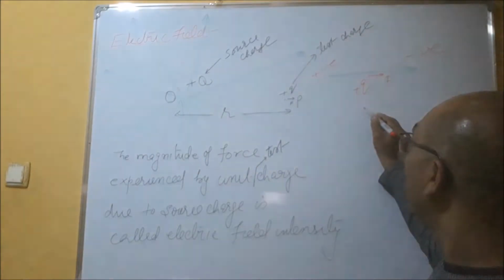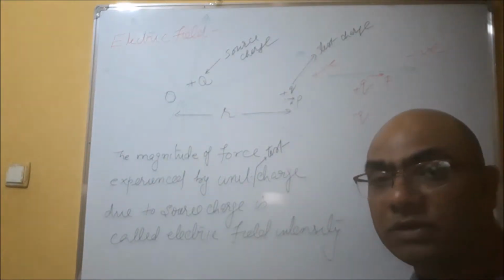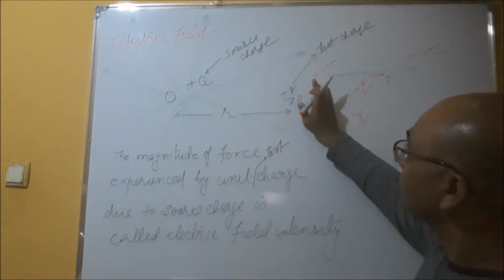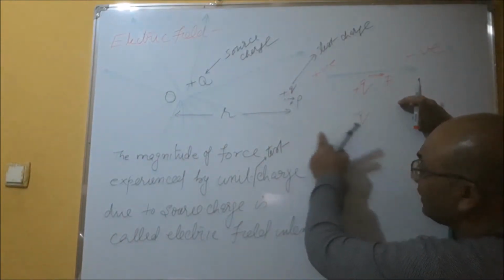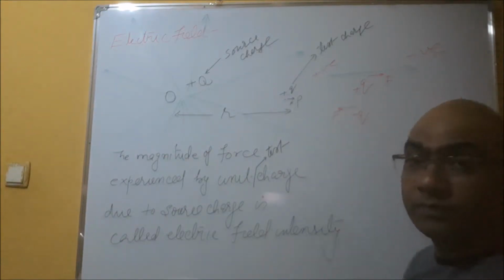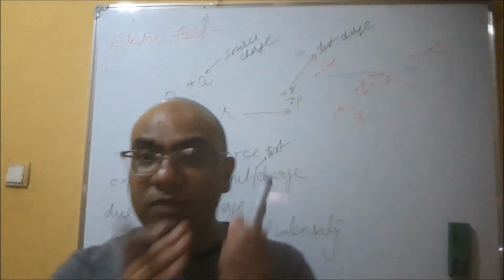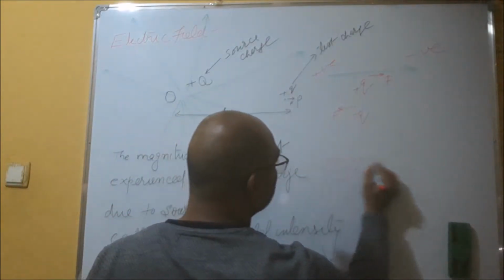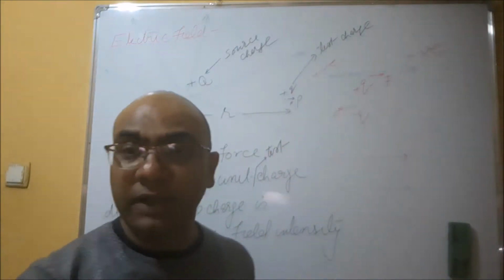right? While if we have a minus q charge particle, then what will happen? For this minus q charge particle, if we have this source charge over here, this source charge will attract, so it will experience a force in this direction, right? So what does it mean? It means if we have an electric field, suppose which is going like this, right?